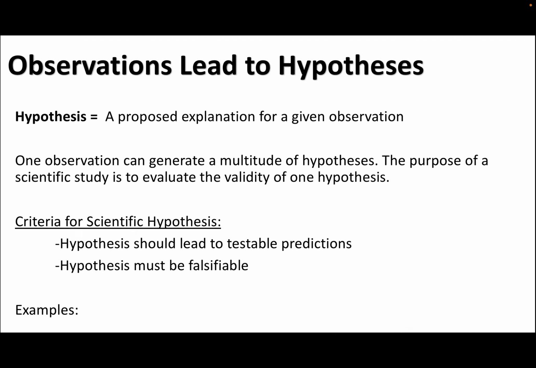So maybe my hypothesis would be something along the lines of the chickens lay more eggs in the spring because it's warmer. Now, we know for sure that this is not the only possible thing that differs between spring and winter, right? There are lots of things that are variable.